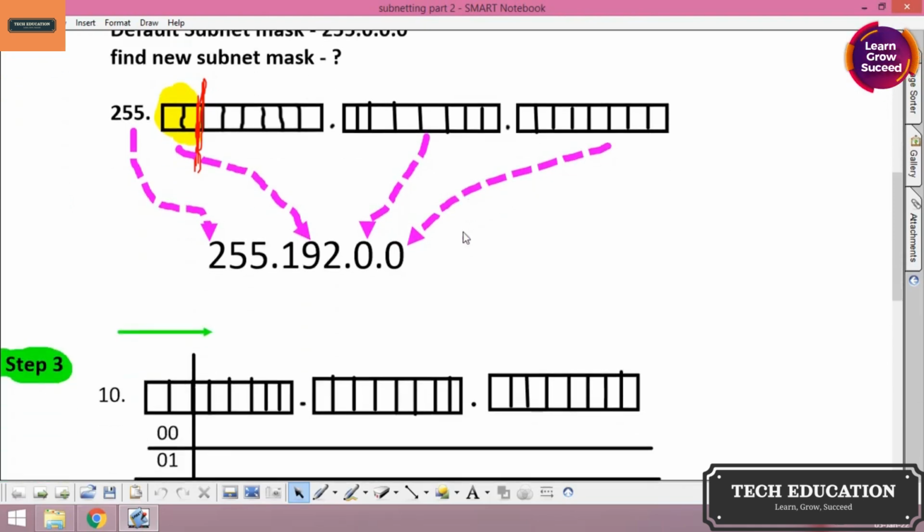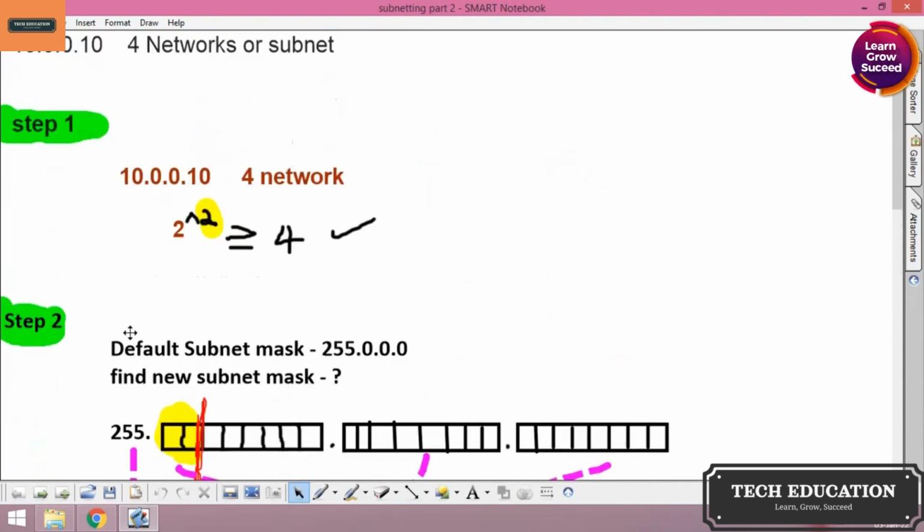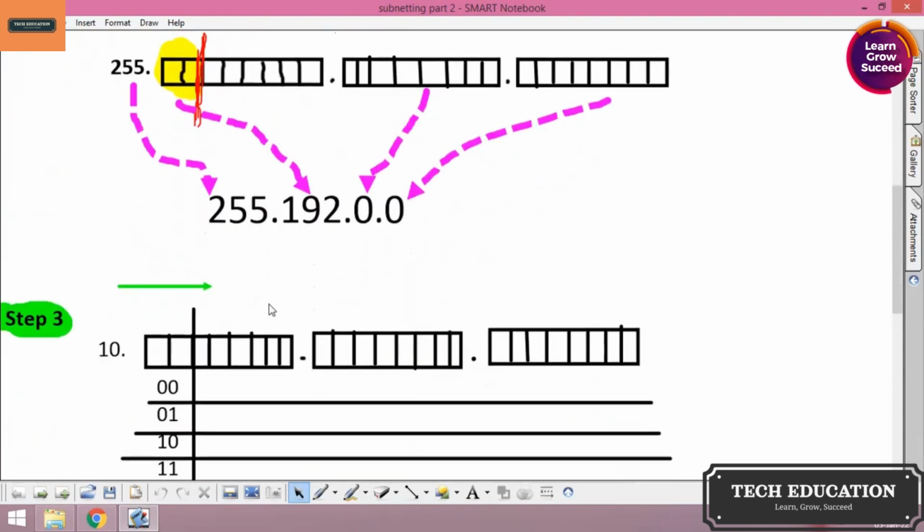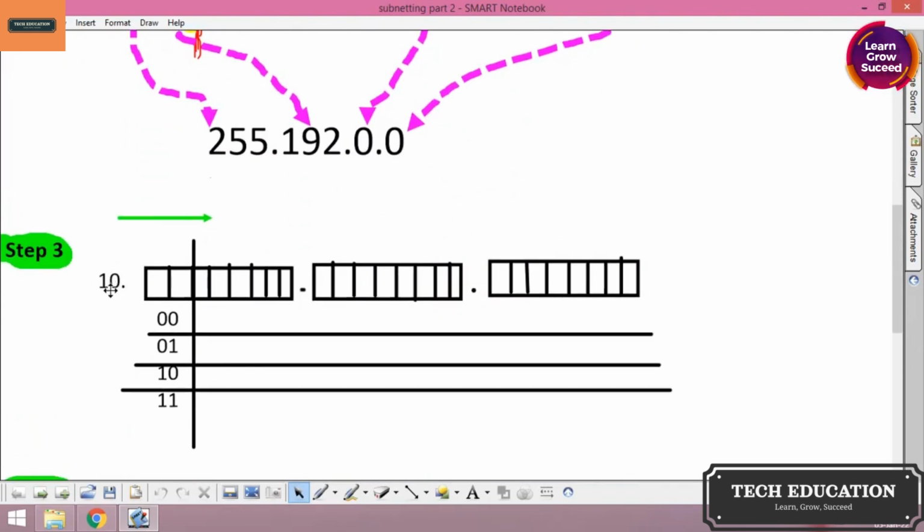Step 3: how to borrow the bits. Borrowing bits means, in this problem, borrowing from the host portion, from left to right. Our increment value is 2, so I write 10 dot and borrow 2 bits.